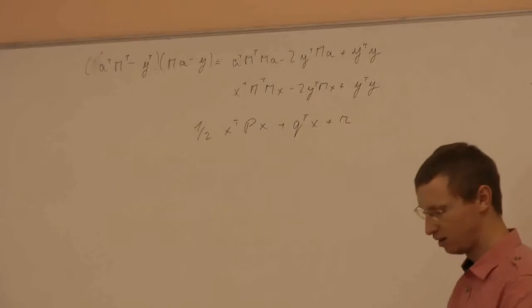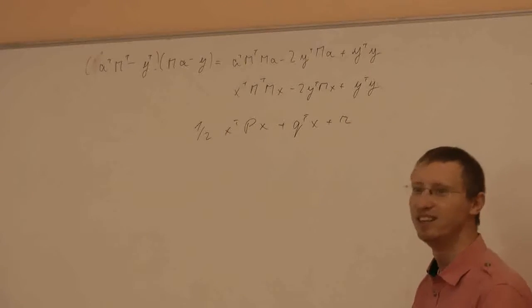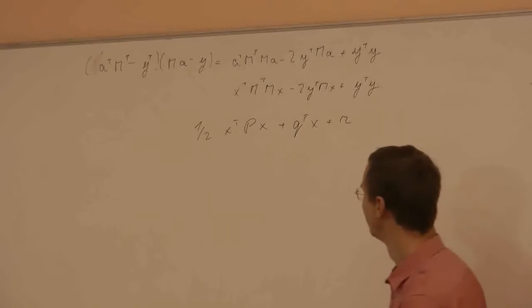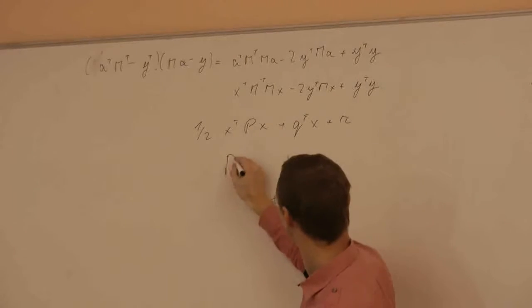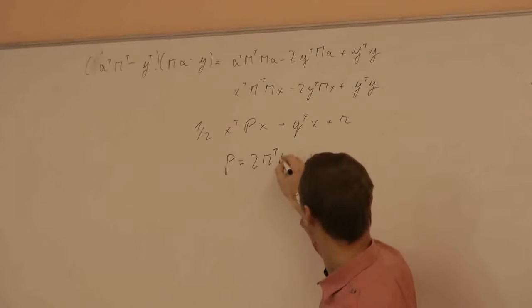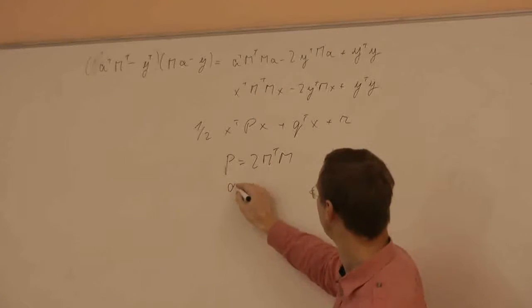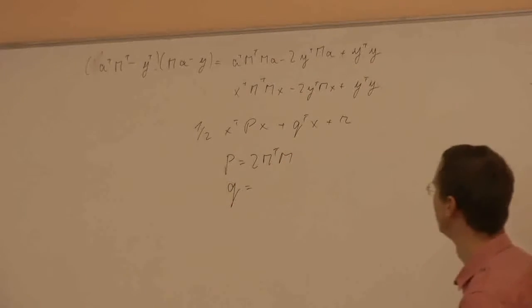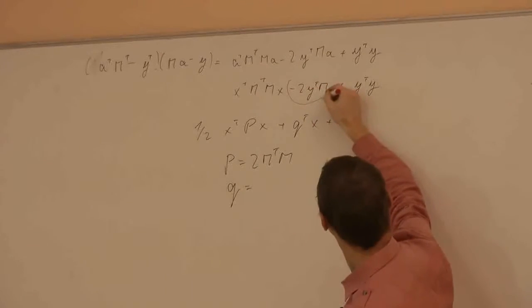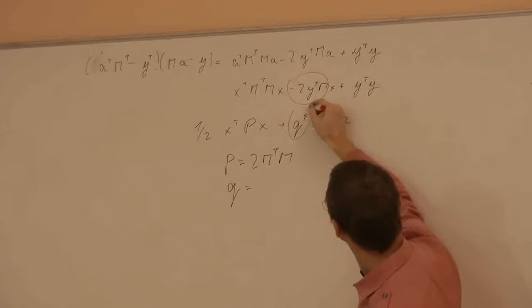Okay. So what is P? P is 2 times M transpose M. Right? What is Q? Notice that we already have it in this form.